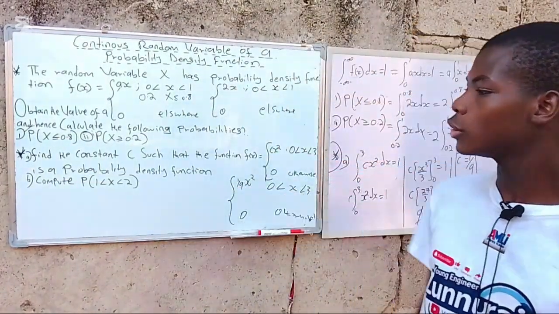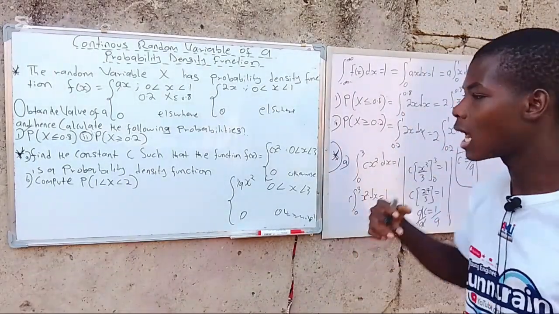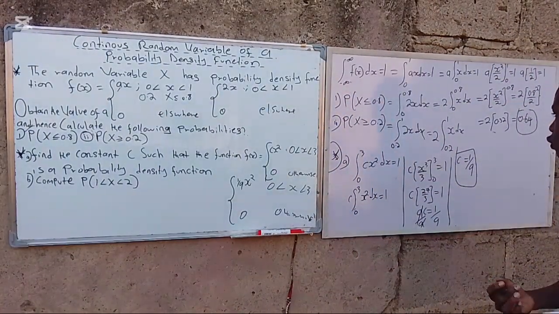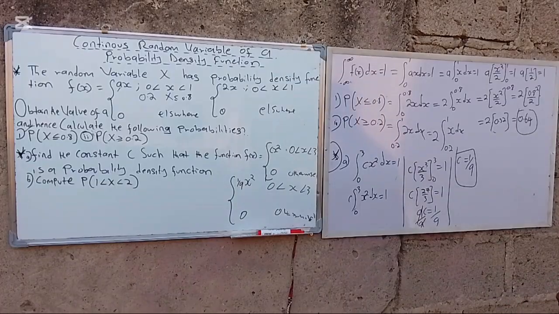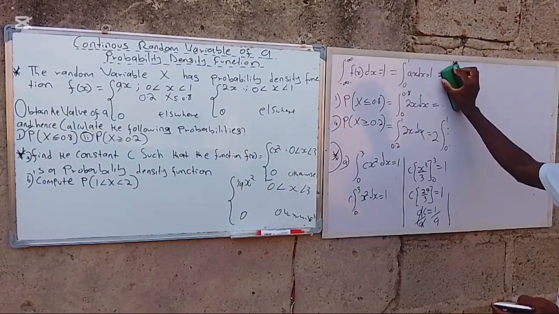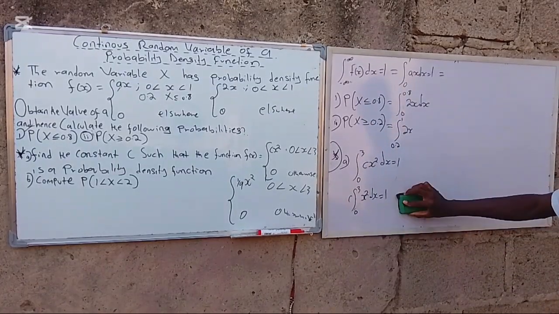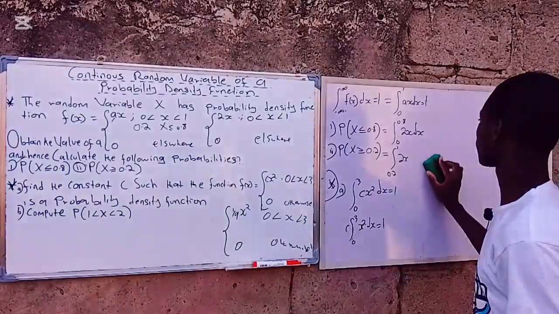So I'm to compute the probability of 1 less than x less than 2. So how can I do that? To solve this one, we all know that the value of c is 1 over 9.